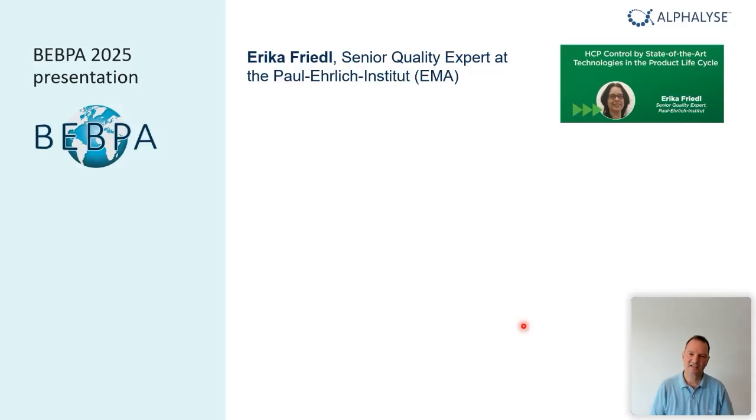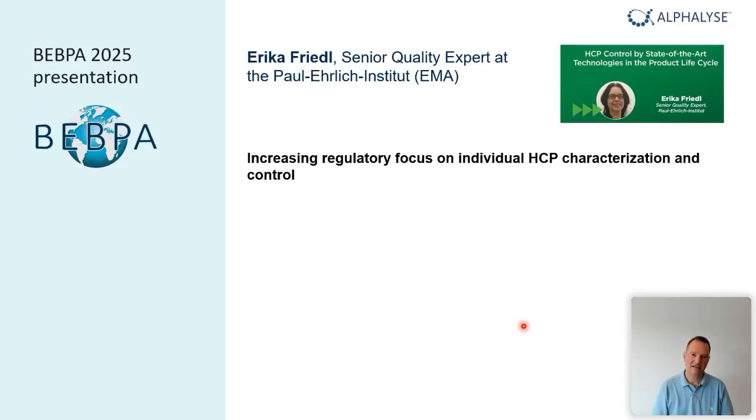But this year, Erika Friedl from the Paul-Ehrlich Institute in Germany, which is the EMA in Germany, presented several slides containing mass spec expectations. Erika said there is now an increasing regulatory focus on individual HCP characterization and control.